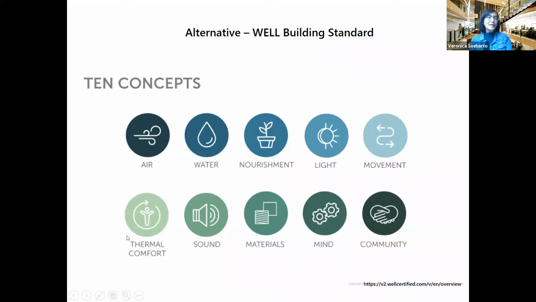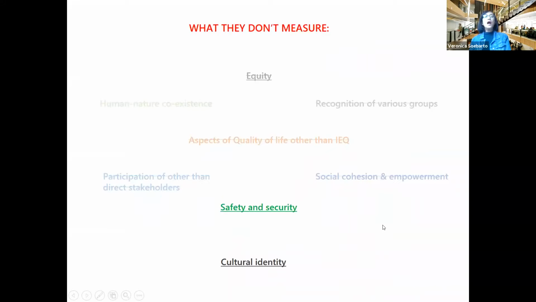It assesses thermal comfort, just like Greenship, and sound, materials, but also not just the quantity, but in terms of its quality and also impact on well-being. And then it also looks at the impact on mind and relationship with the community. So it starts to address a lot more aspects that relate to social sustainability, although it doesn't necessarily address the issue of safety, security, and cultural identity.